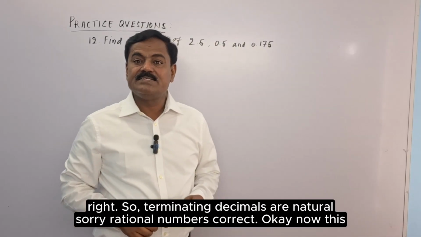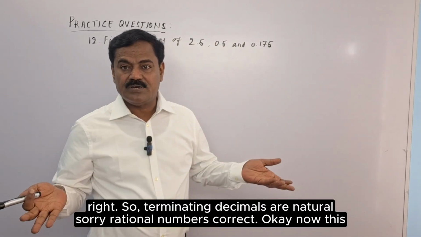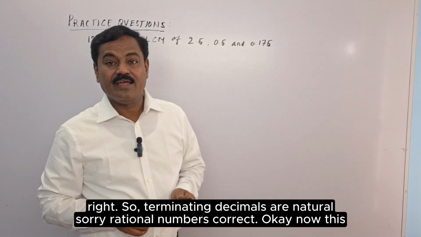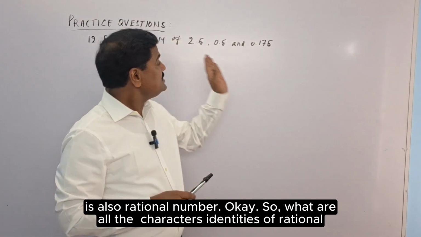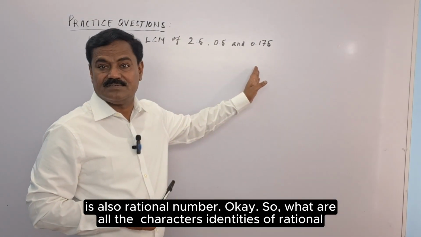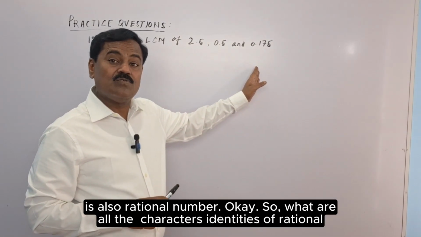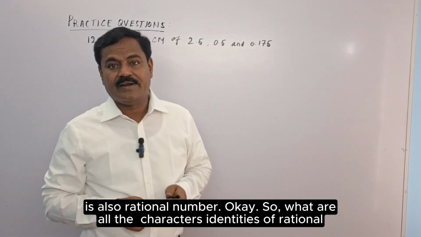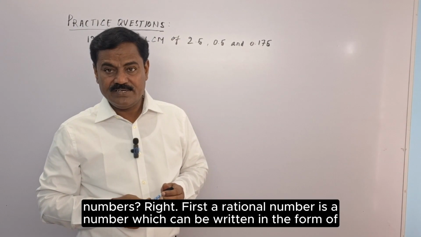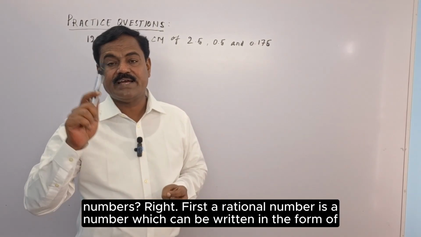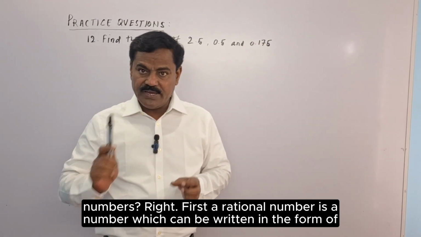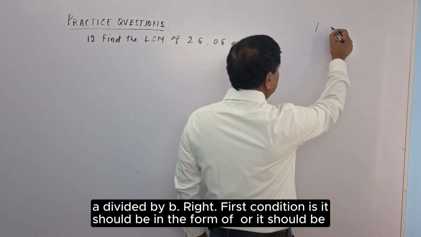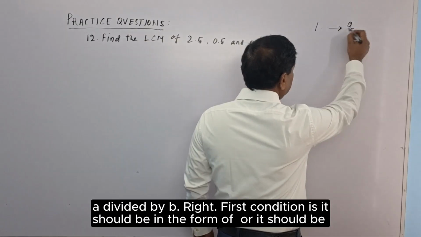So terminating decimals are rational numbers, correct? This is also a rational number. So what are the identities of rational numbers? First, a rational number is a number which can be written in the form of a divided by b.